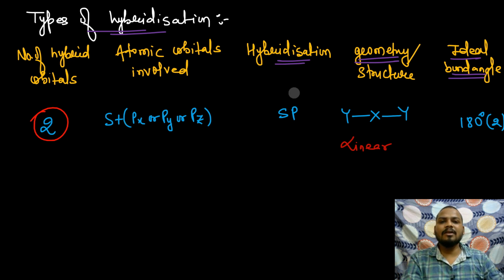If the intermixing happens between s and p orbital, then it is called sp hybridization, meaning one s orbital and one p orbital are involved in the intermixing. The geometry of sp hybridization is linear, which has a bond angle of 180 degree, and the number of 180 degree bond angles is 2.